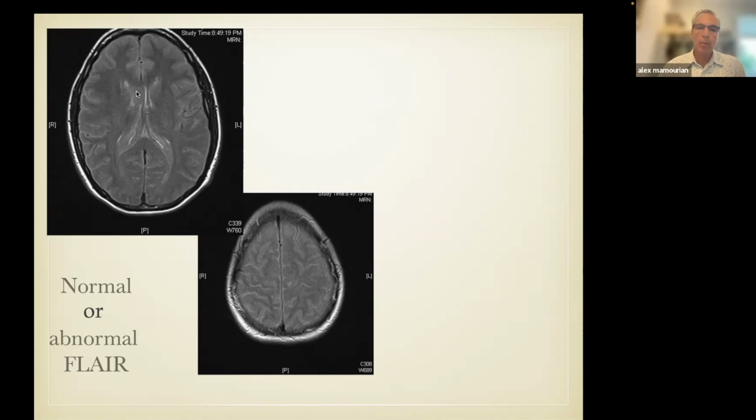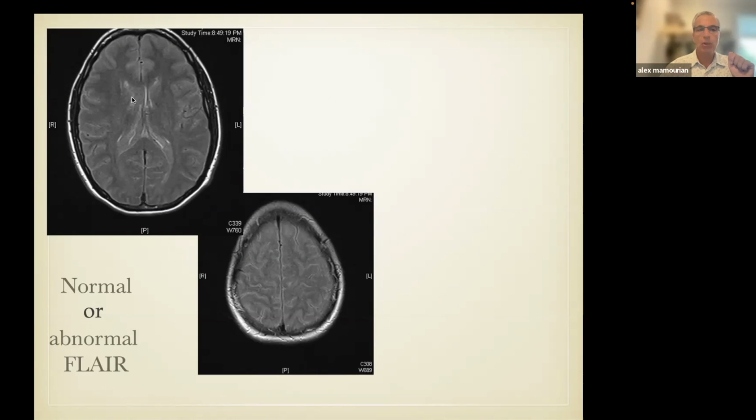So if you think about it, the ventricles are upstream and these are downstream. So if the FLAIR scan is done correctly, the fluid in the ventricles is nearly always normal and dark.